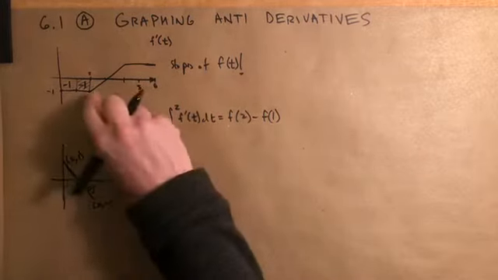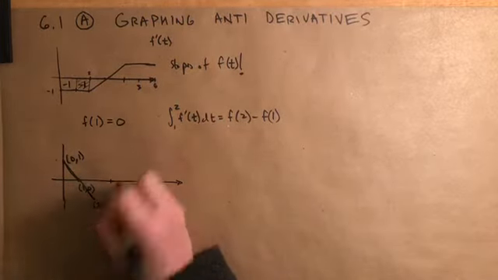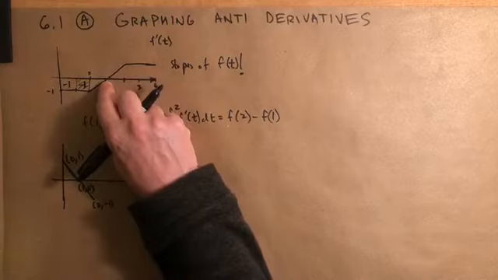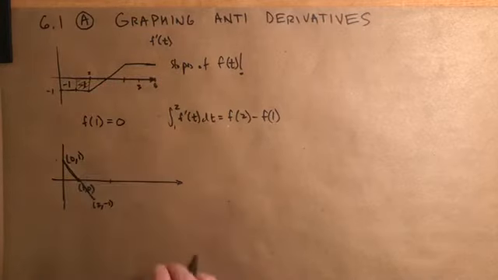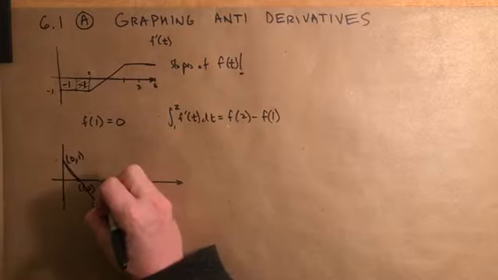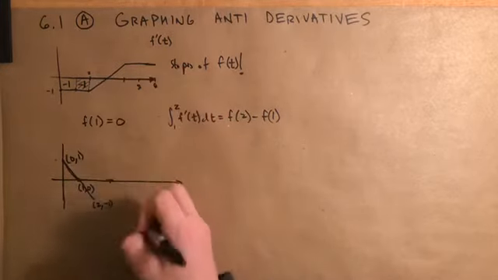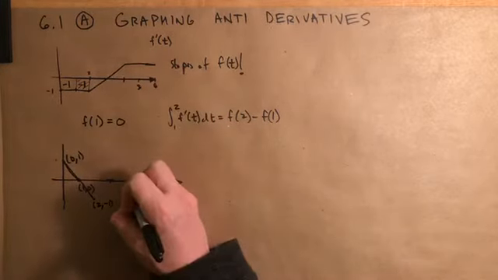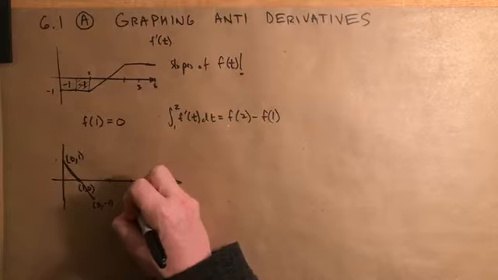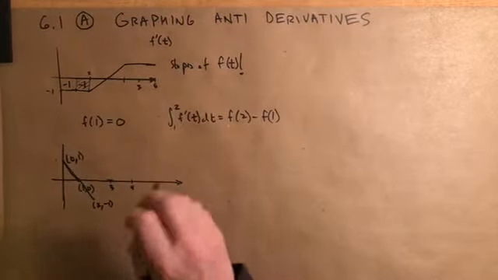Now, mind you, these are slopes. And so at 3, what's the slope going to be? Well, it looks like it's going to be 0. And so that means that my parent function will have a horizontal line there, or a horizontal tangent line. What was the slope at 4? Well, 1. And so now the slope will be 1 here.